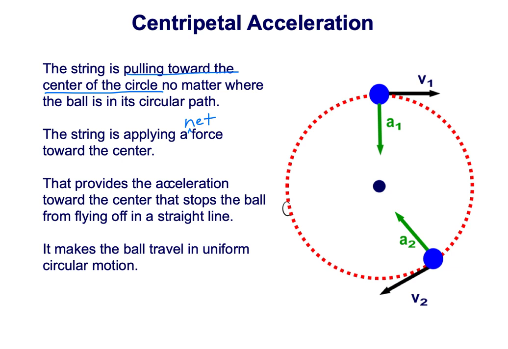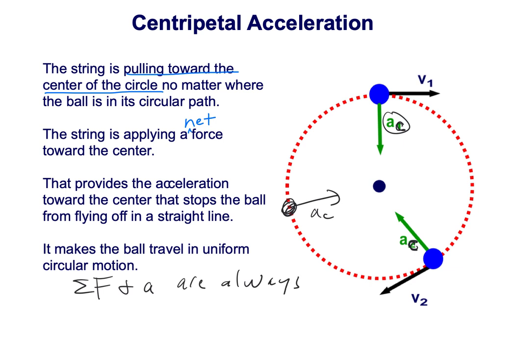So this is just showing wherever the ball is, the centripetal force or the acceleration that's caused, centripetal acceleration that's caused by the centripetal force will always be towards the center. Okay, remember, the net force and the acceleration that it causes are always in the same direction. That's Newton's second law.